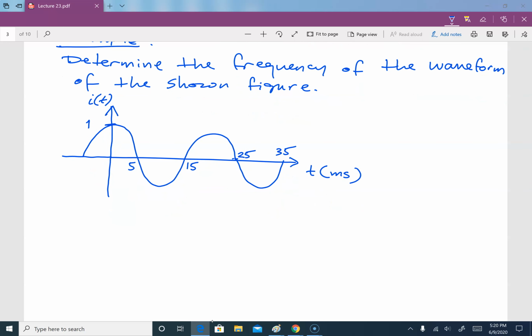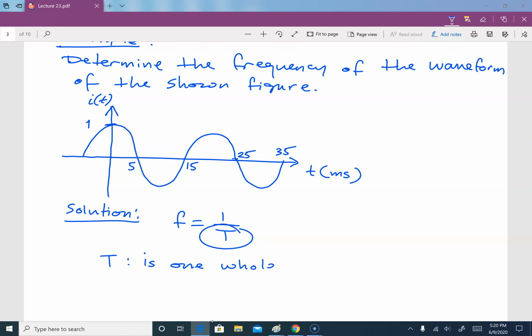First, to get our frequency, we know that frequency is equal to 1 over T. That means we need this T, which is one whole cycle.